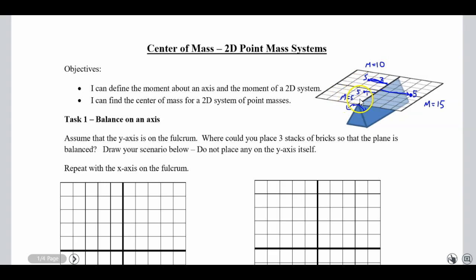So these would actually be negative 5, negative 10. So total moment on this side, negative 15, moment on this side, positive 15. So that's the idea that we're going to take in these next examples and just see where we might want to place things, and then again compute a center of mass for these guys.